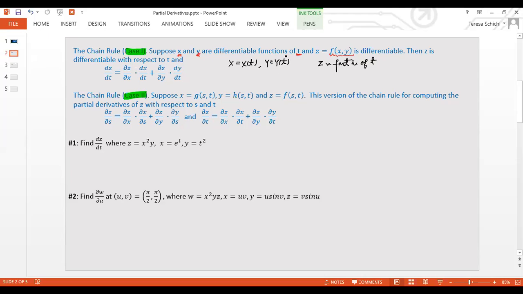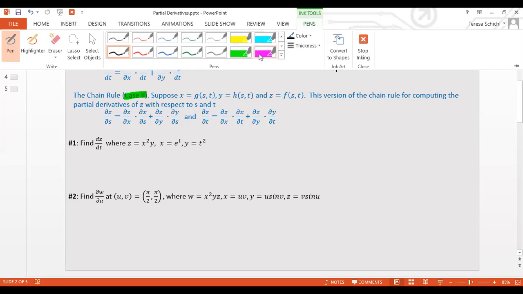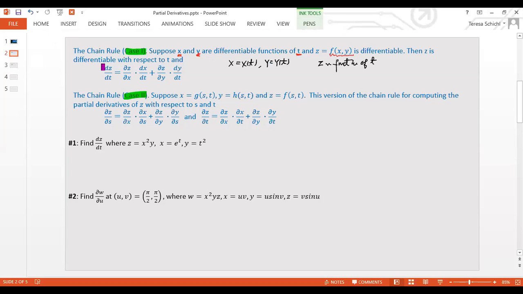The only thing we need to be a little careful about is the notation. Here I say dz/dt, because z is only a function of t.